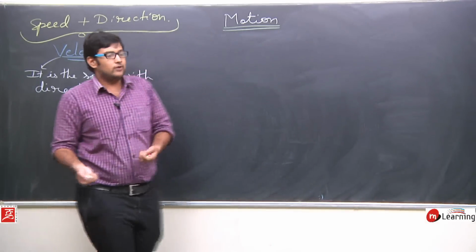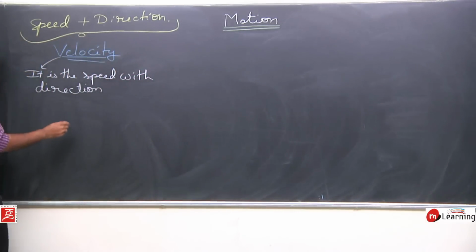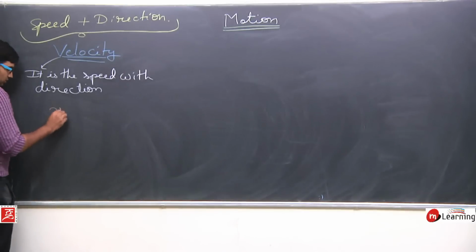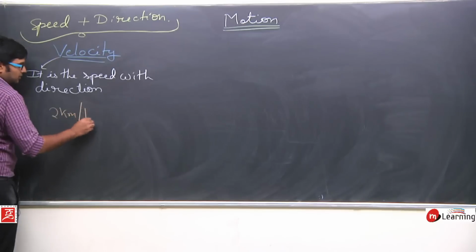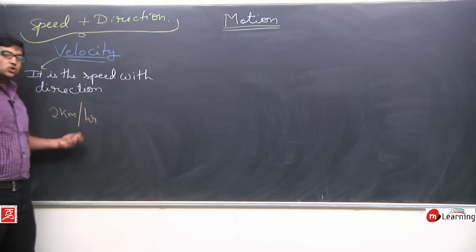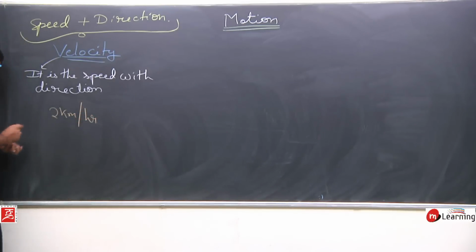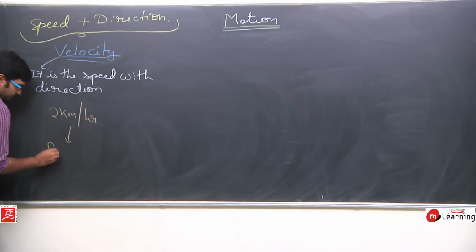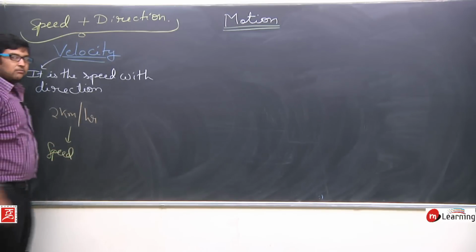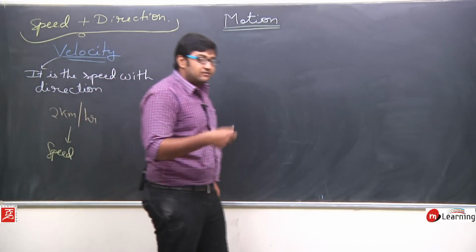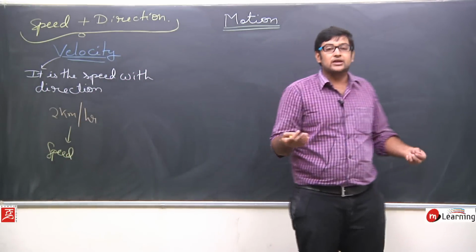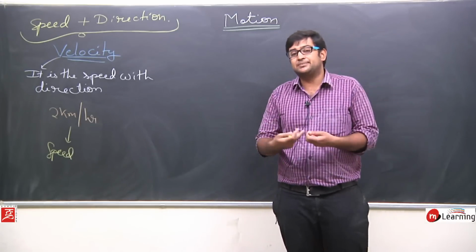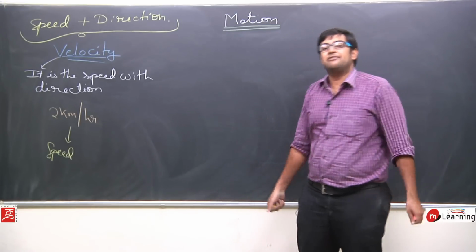For example, if I write 2 kilometers per hour, it will only represent speed. It does not tell us in which direction I am travelling.